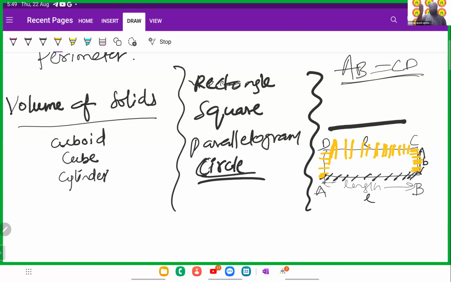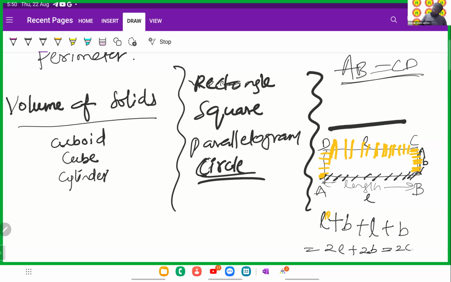Again I should come back to my own position from where I started, so I am coming back to A. I started from A, then reached B, then from B to C, C to D, again from D to A. So the total distance covered by me is how much? The perimeter. From A to B is L, from B to C is B, from C to D is L, and from D to A, back to position A, is B. So this is 2L plus 2B.